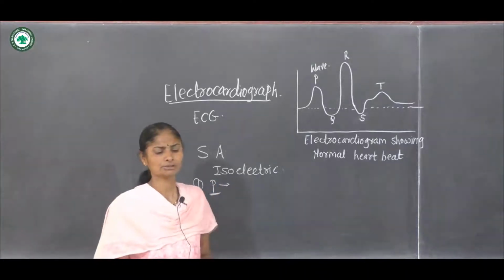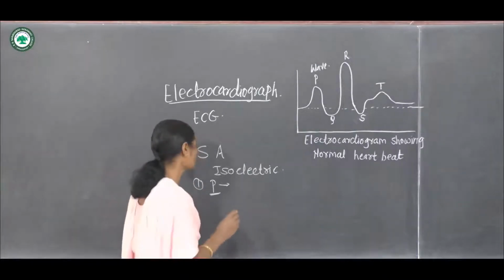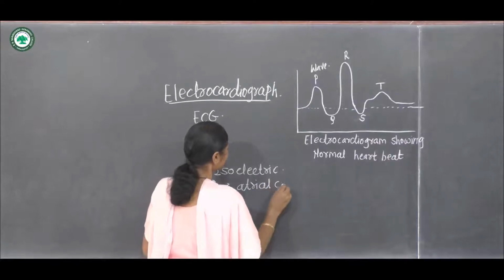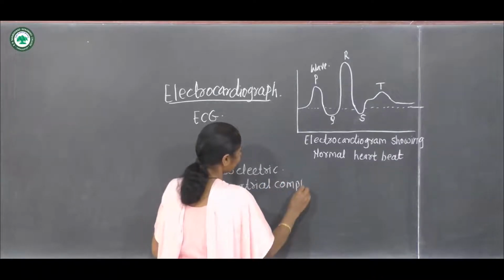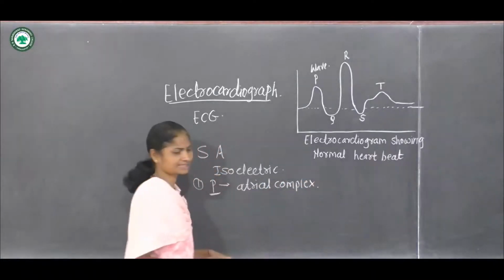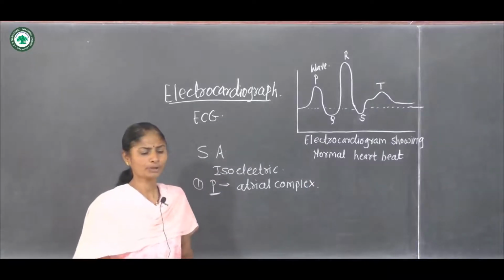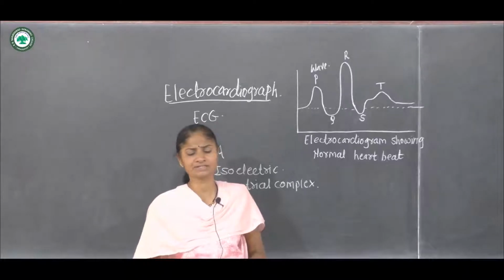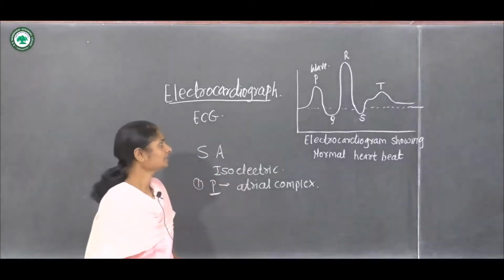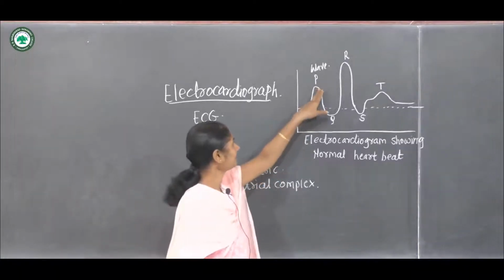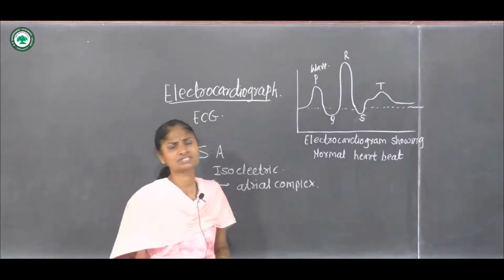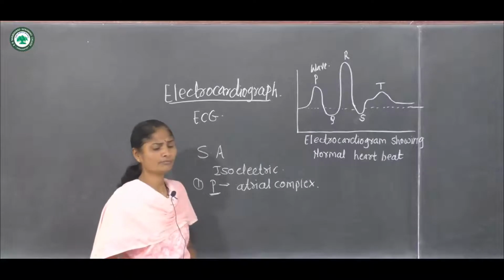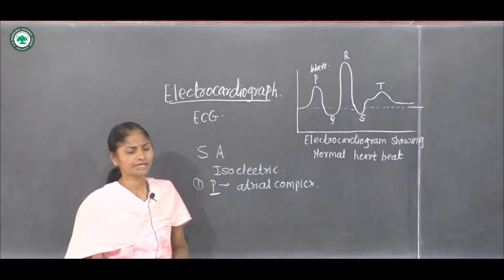This ECG has 5 waves, and out of these, the P wave is also called the arterial complex. It originates towards the atrium, so it is called the arterial complex. The P wave represents the first upward deflection of the ECG. We observe in this diagram that the P wave is the first upward deflection, and it is a small wave without a rounded top.